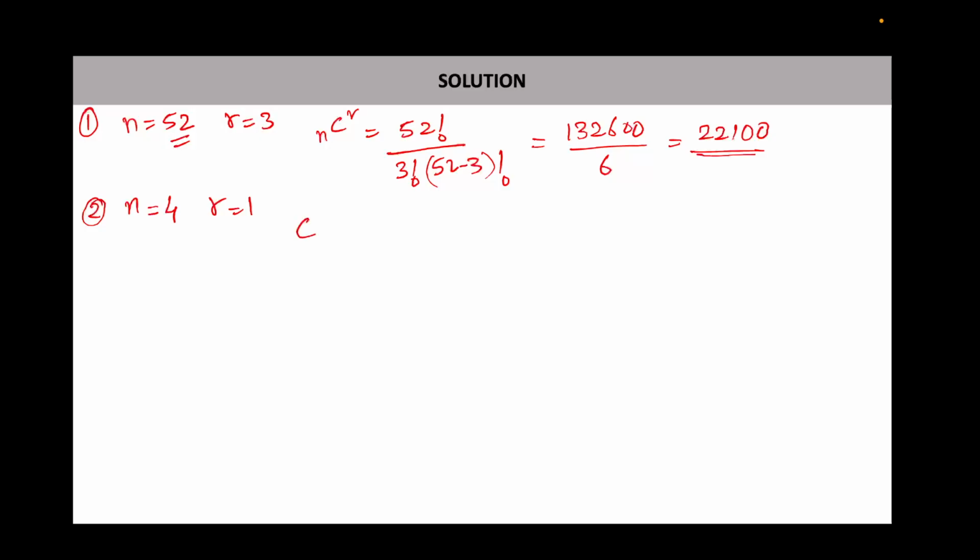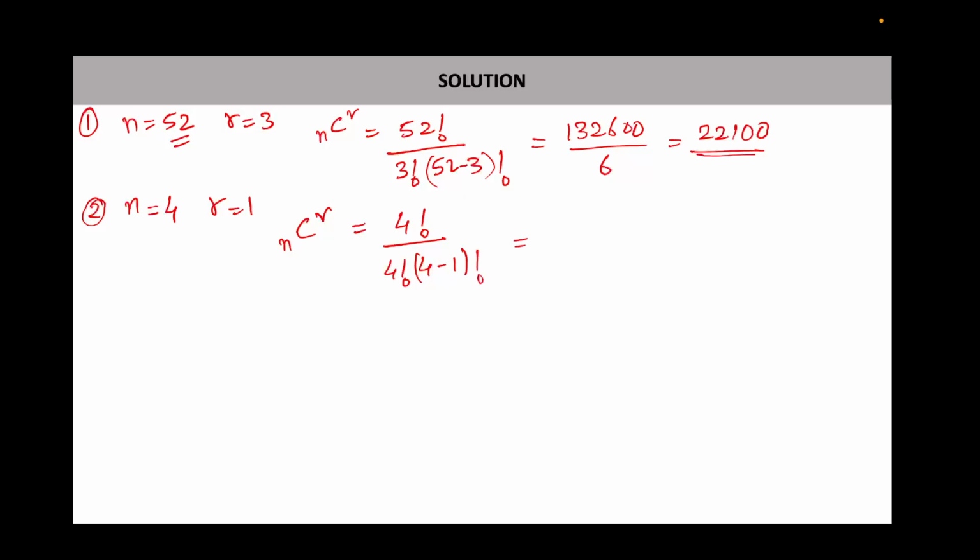Now again using the same formula, we will calculate C with n and r as 4 and 1: 4 factorial divided by 1 factorial into (4 minus 1) factorial.